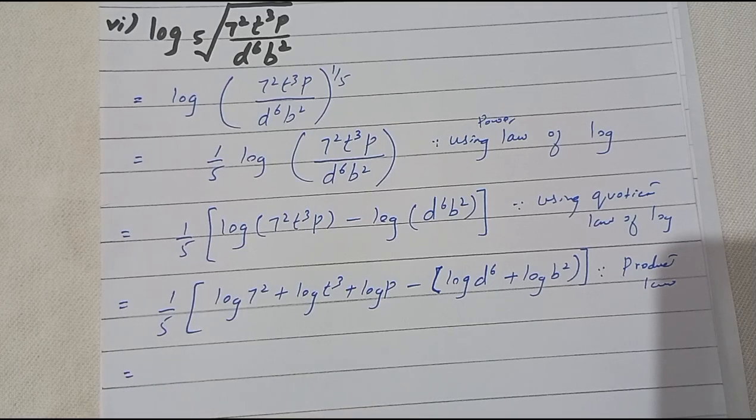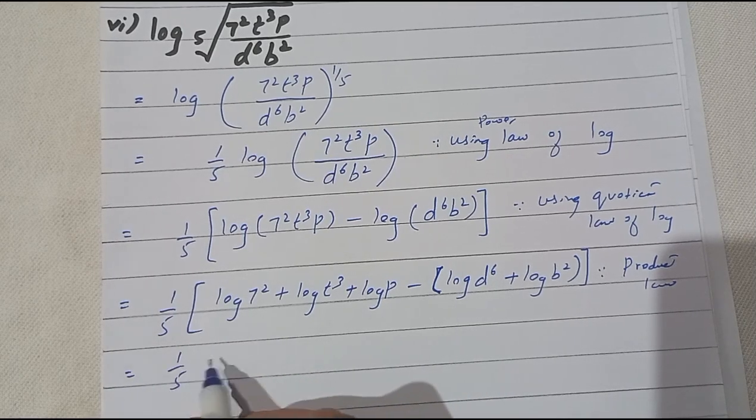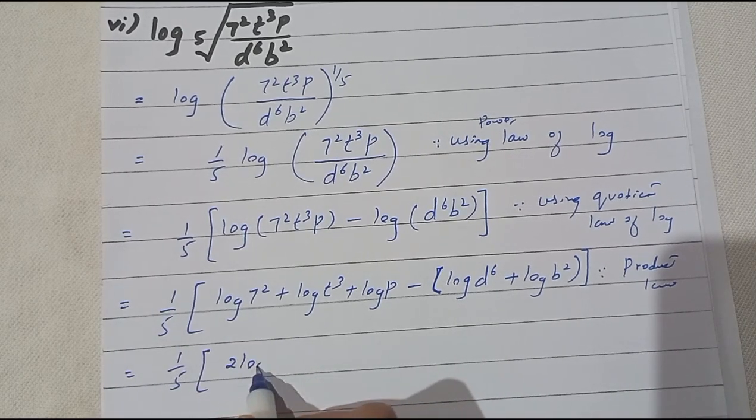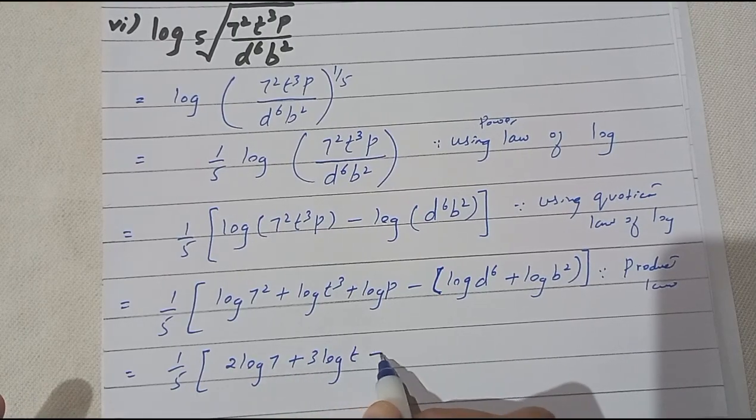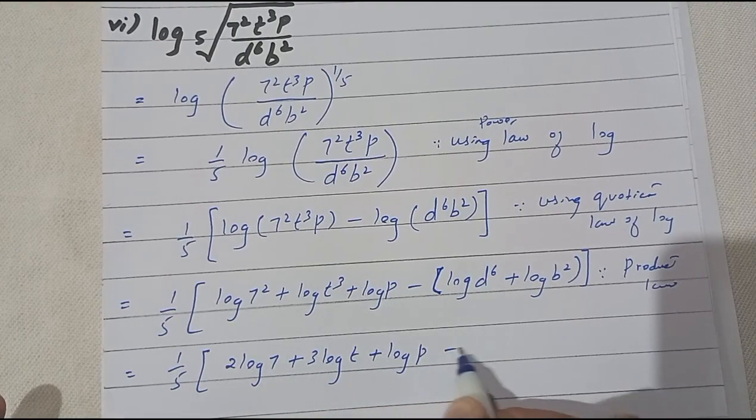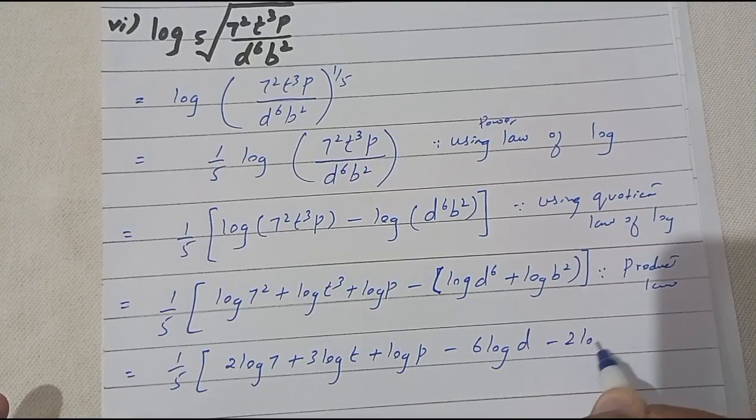Now by using power law of log, all powers will come at start, that is 2 log of 7 plus 3 log of t plus log of p minus 6 log of d minus 2 log of b.